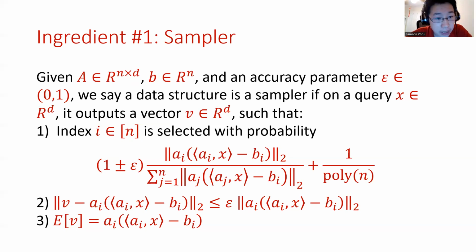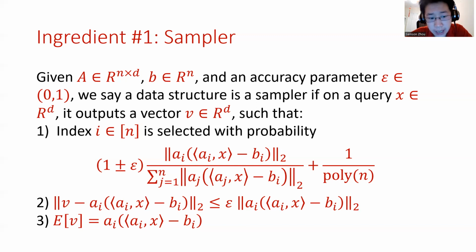the index I in n is selected with probability proportional to importance sampling, up to a 1 plus epsilon multiplicative factor and a 1 over poly n additive factor. So the sampling distribution is almost the correct sampling distribution. Once it commits to an index I, it outputs a vector V such that V is pretty close to the gradient that it needs to report, which is AI times the dot product of AI with X minus BI.